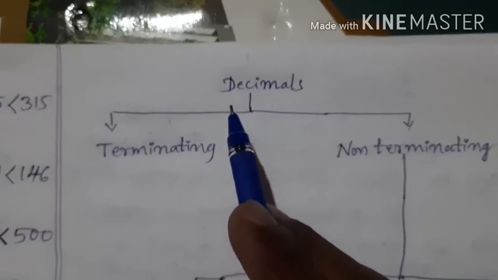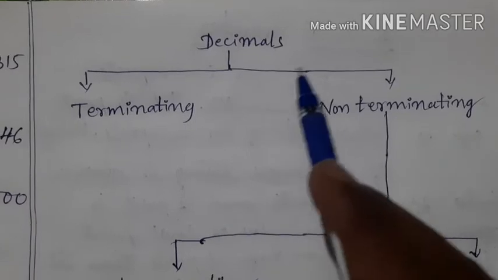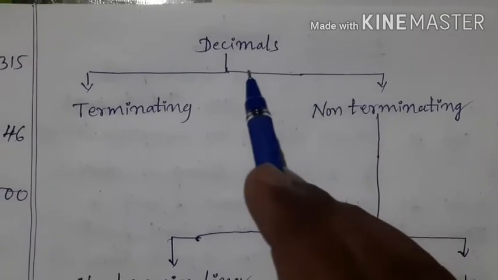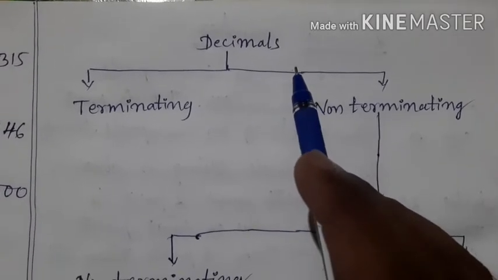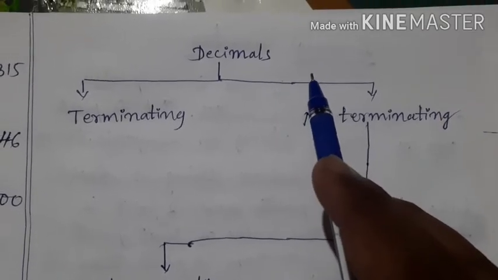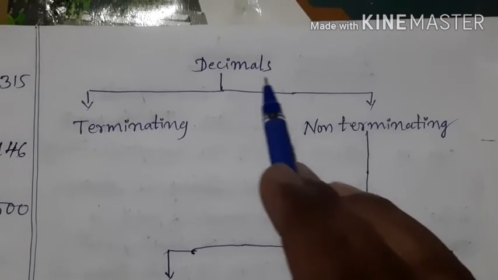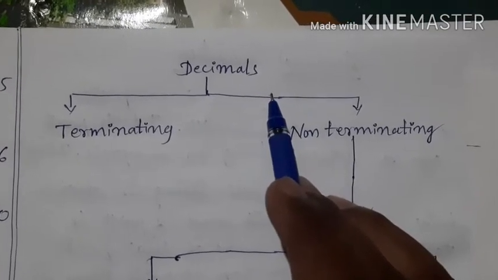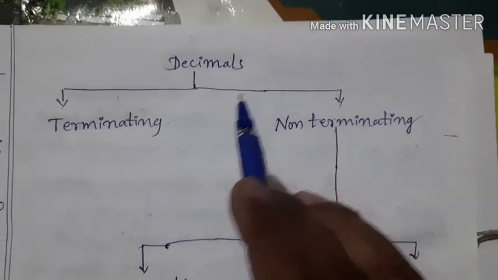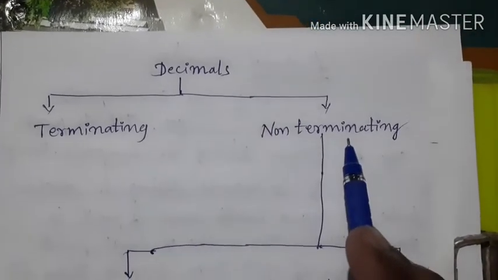Okay, children, you learnt about the decimals, or decimal numbers. These are incomplete numbers. There are different types of decimals. Let us know the classification of decimals. Decimal numbers are mainly classified into two types: terminating decimals and non-terminating decimals.